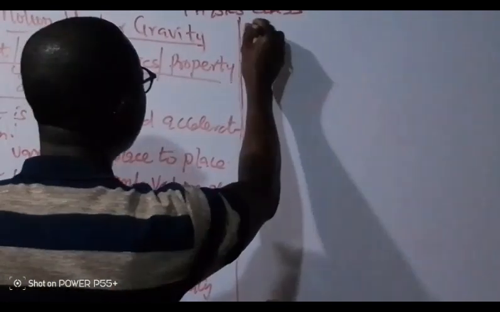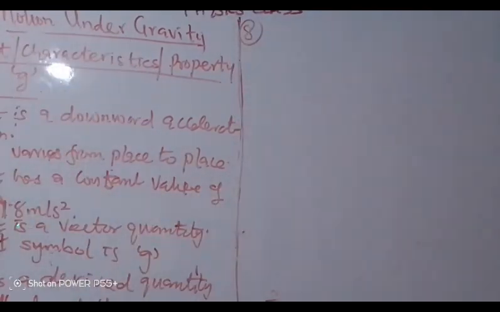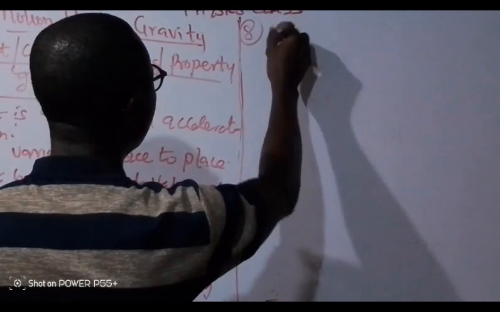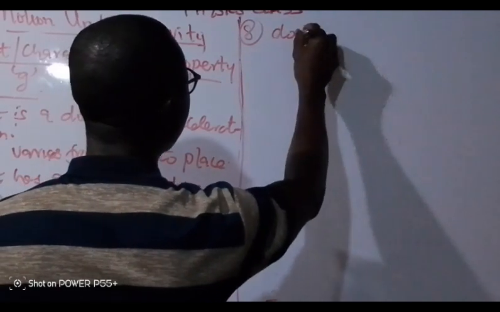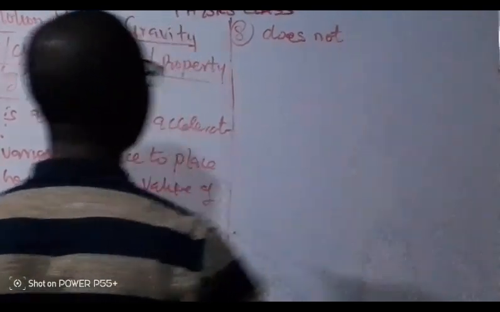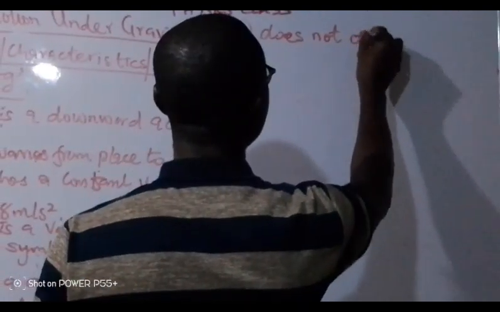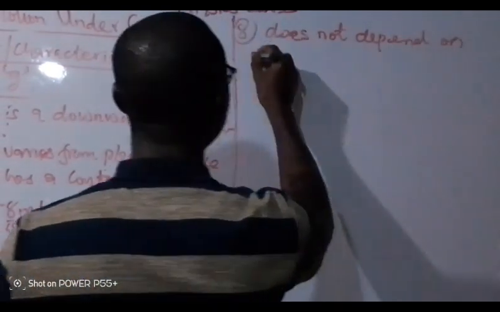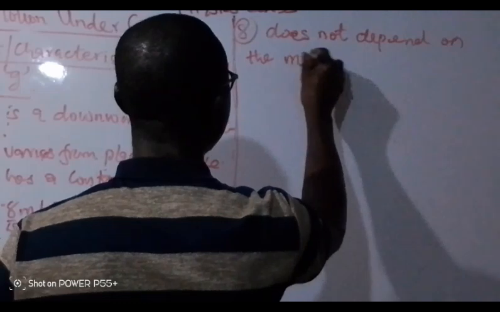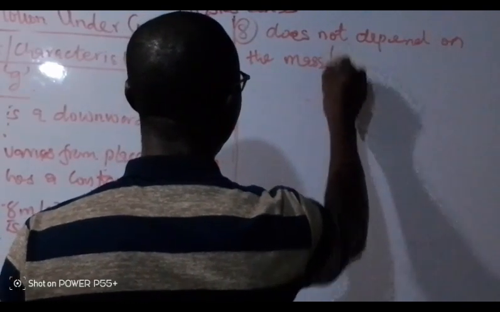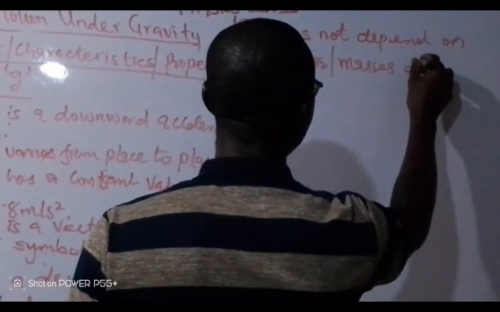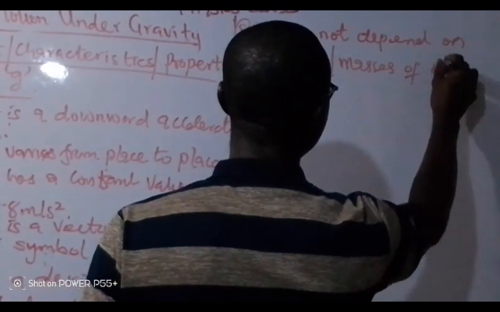Number 8, acceleration due to gravity g does not depend on the mass of objects.